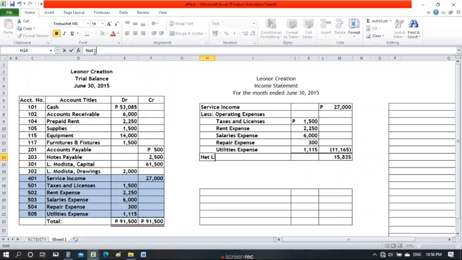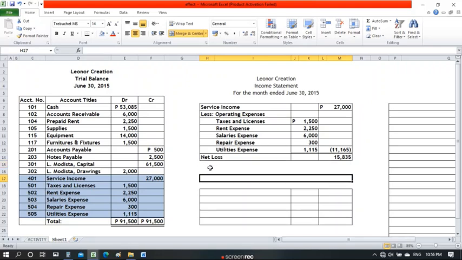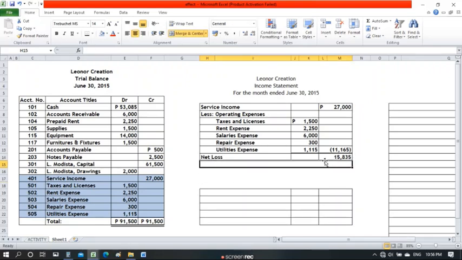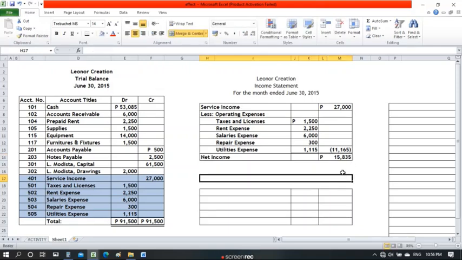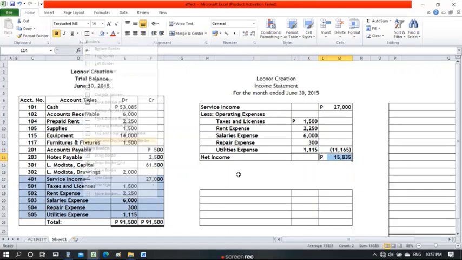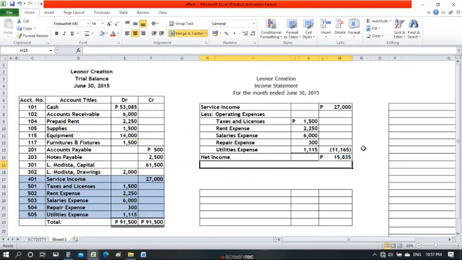So the only result of the income statement is either net income or net loss. Since it's a positive amount, that is net income. And don't forget to write peso sign for the amount and then double rule. When we say double rule, dapat may dalawang linya kayo as your last figure and the final answer.